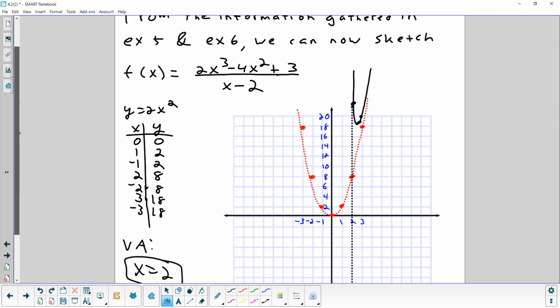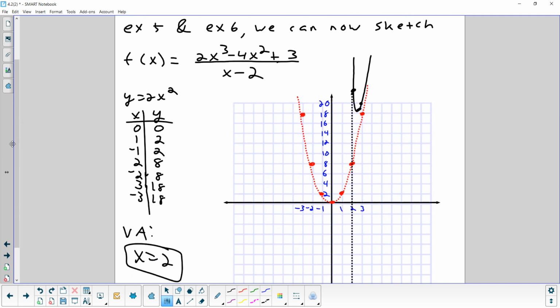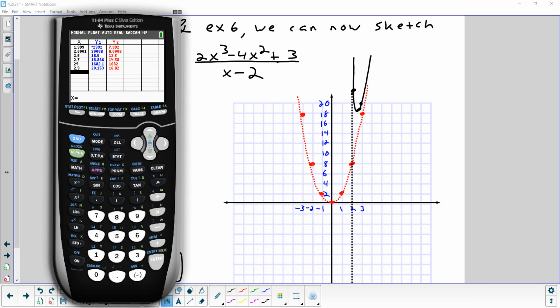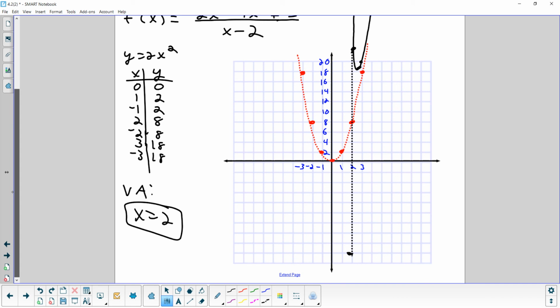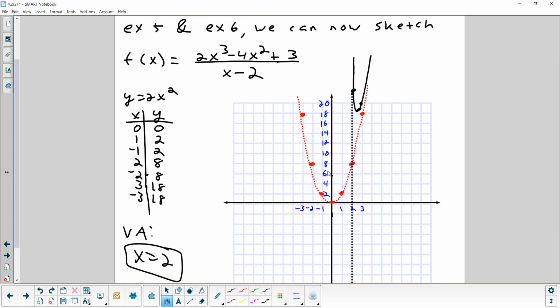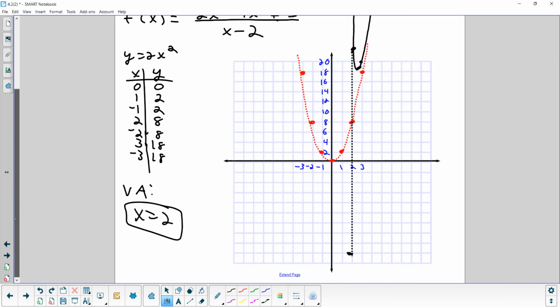Since it didn't tell me I had to find the x-intercept, I'm probably going to hold off because that would be kind of hard. But what other intercept could we find that would be easy? Yep, 0, the y-intercept. Just plug in 0 for x, and you get -1.5. So 0, -1.5 I think would be right about there, because remember, I'm going by 2's. All right, so we got that one.